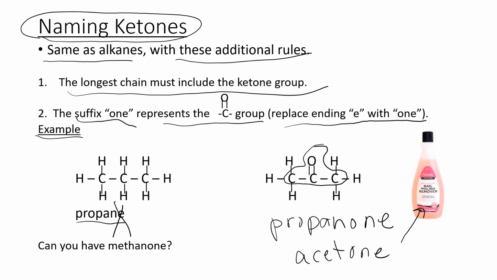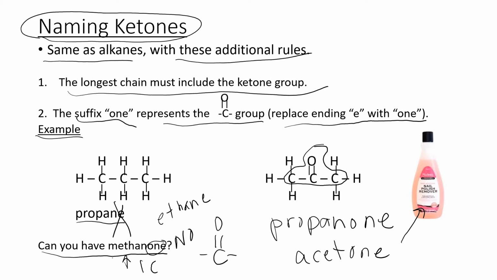There's a question here. Can you have methanone? Well, meth means 1 carbon. So if we have 1 carbon, the ending -one means it's a ketone. But ketone means we need to have carbons on both sides. Methanone says there's only 1 carbon, so we would not be able to have methanone. What about ethanone?